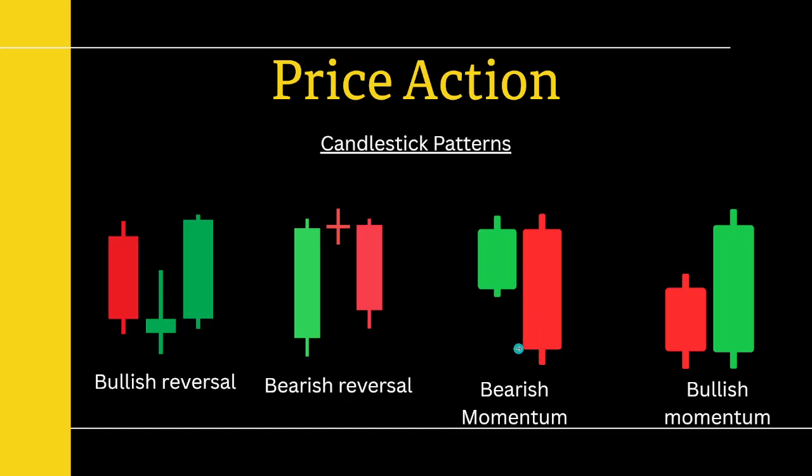So as you can see, this body closed here, and it really shifted momentum and it really engulfed the previous candle. And that is something that also means that there is bearish momentum and there may be a reversal happening. And same goes for a bullish momentum pattern.